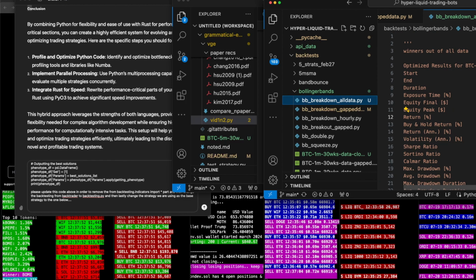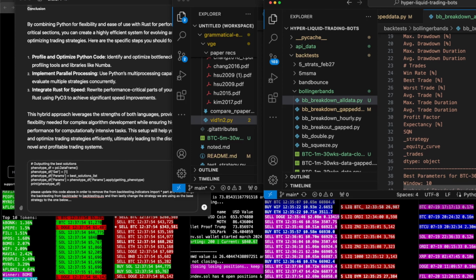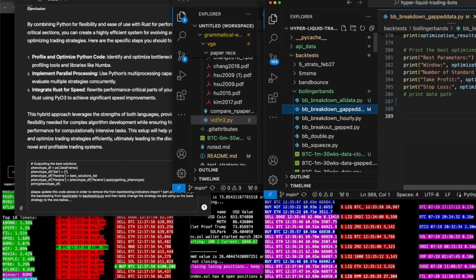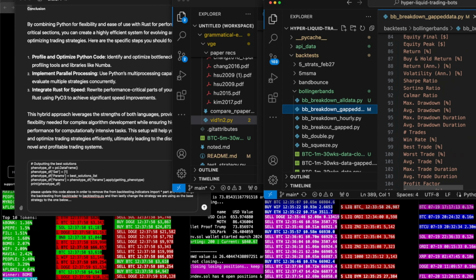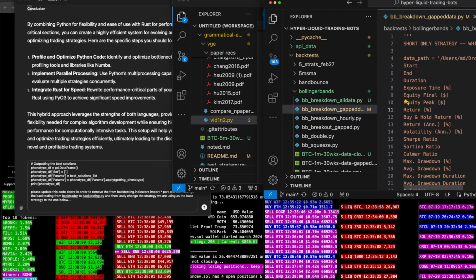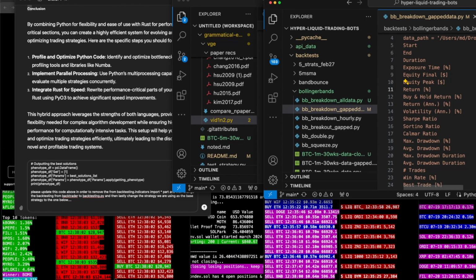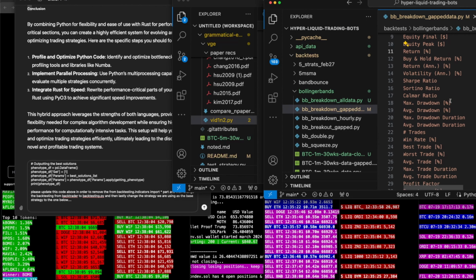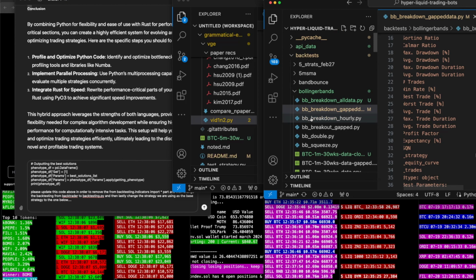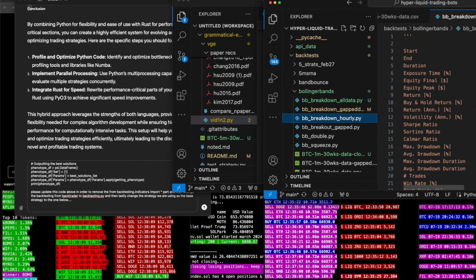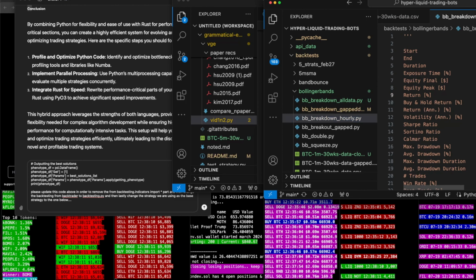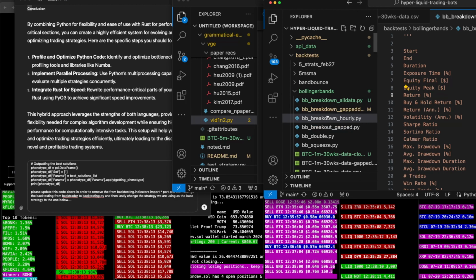What is this? Break down all data, that looks like a 20% return. What's this breakdown? Gap data, 117% return. Breakdown hourly, I don't want anything too good. Return 37%, breakout.